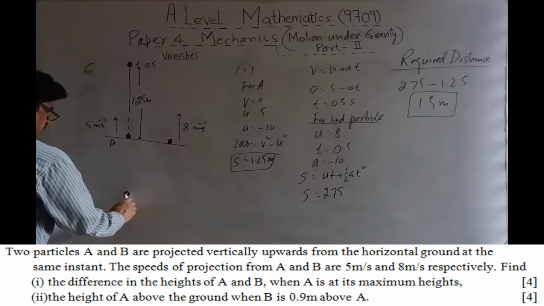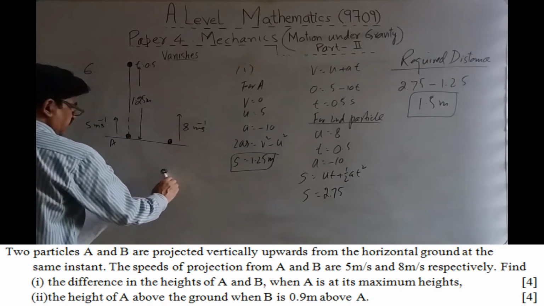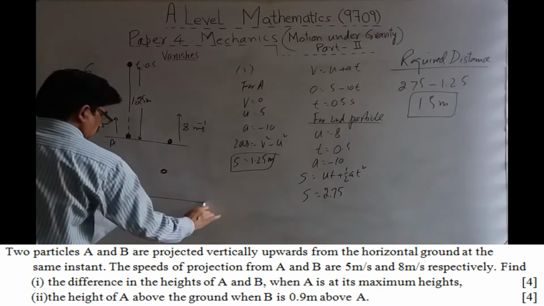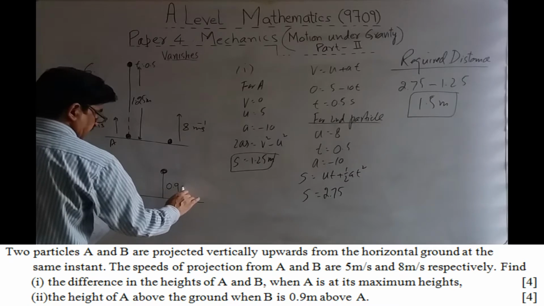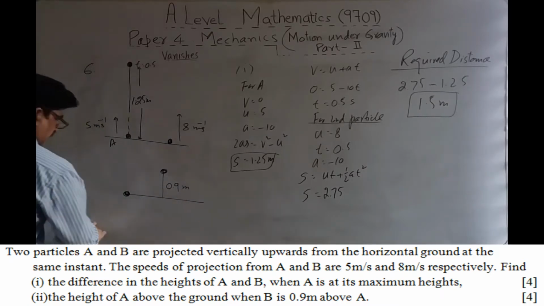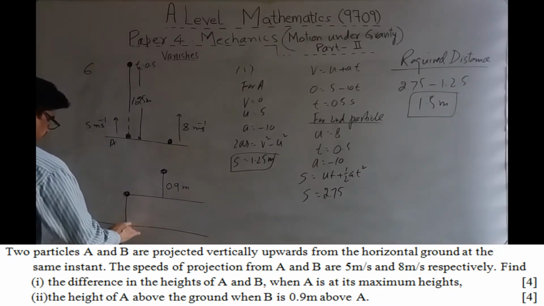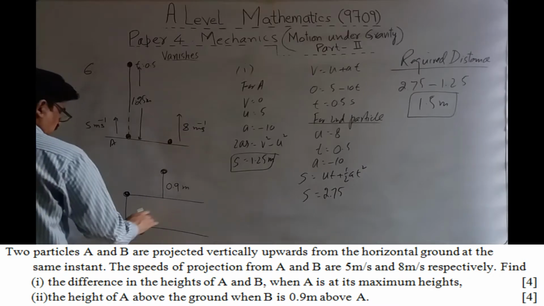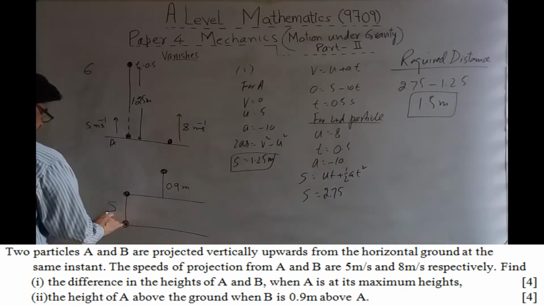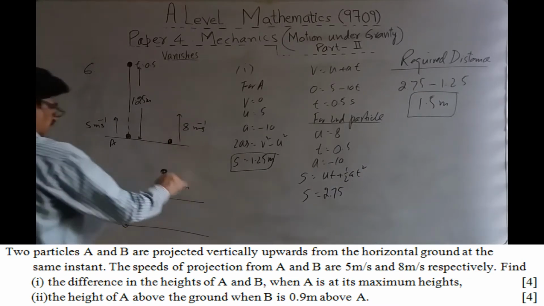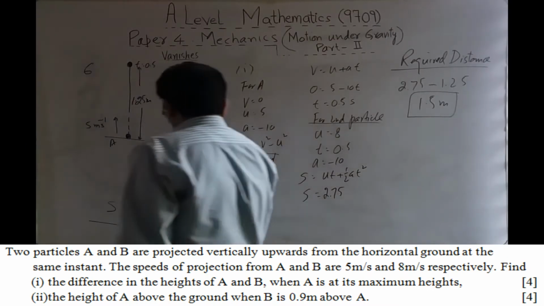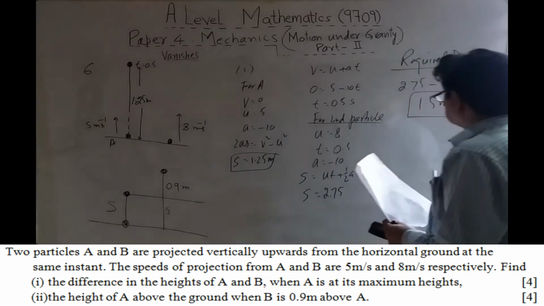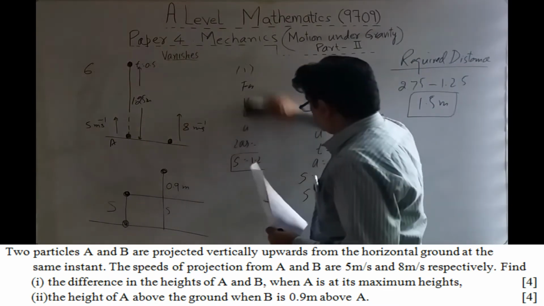Suppose this is A and this is B. So this distance is 0.9 meter. And from the ground, from where they were projected, to this position, say this distance is s. Then for the second particle, including this distance, this will also be s. So we use this information now.